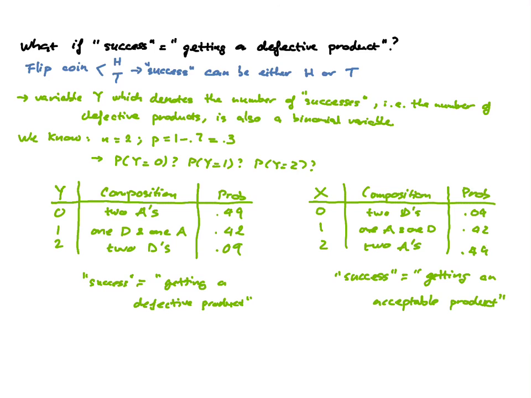So in a sense, right, these two tables are just mirror images of one another, right? And so the idea here is that when you construct the probability distribution of a binomial random variable, it is very important that you pay close attention to how a success is defined, right?